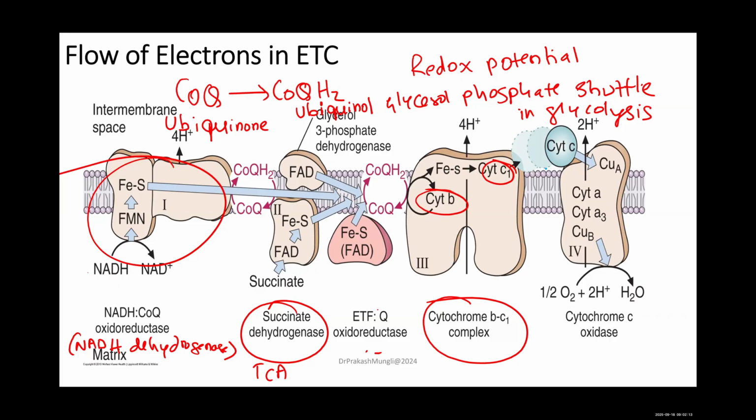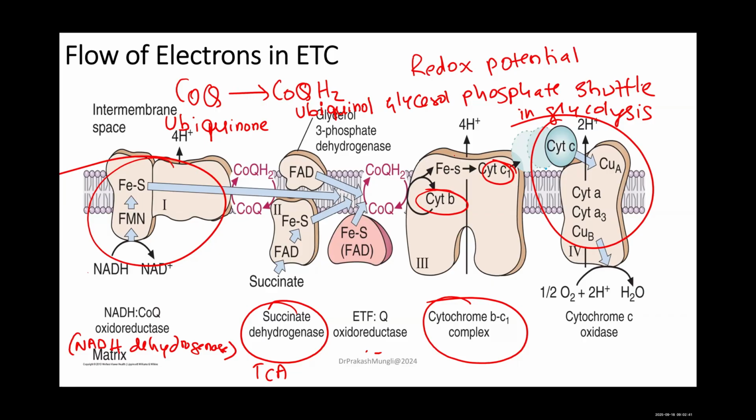Coming to complex 4, what is happening in complex 4? Who is going to donate these electrons and protons to complex 4? Cytochrome C. When cytochrome C is offloading its electrons and protons to complex 4, is cytochrome C oxidized or reduced? It is oxidized, right?